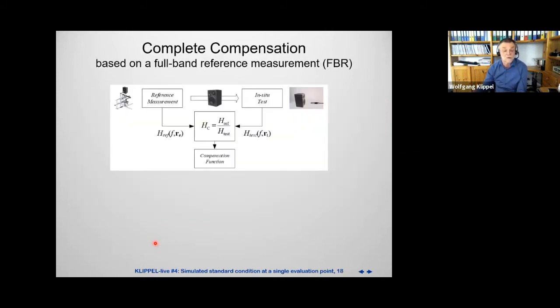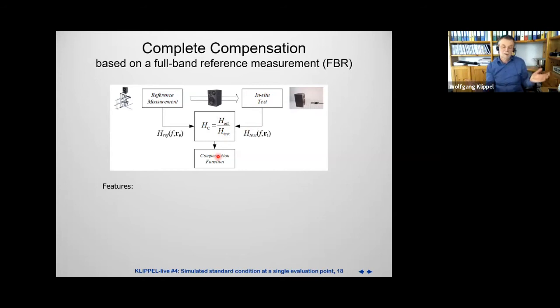And how it works, here you see it. We have our reference measurement, here a transfer function Href, at the evaluation point. And this point might be different than the measurement point. We measure in the first step this transfer function, we divide that, and then we have our compensation function. Very simple.